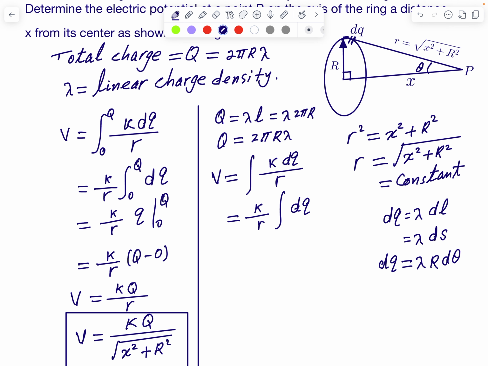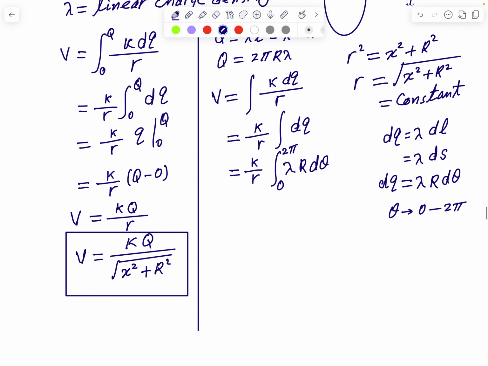Theta actually runs from 0 to 2 pi. So we're going to write dq in terms of lambda, R, and theta. This is k divided by r, lambda, R, d theta, and theta runs from 0 all the way to 2 pi.